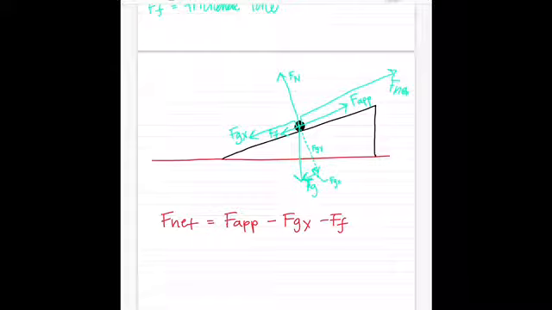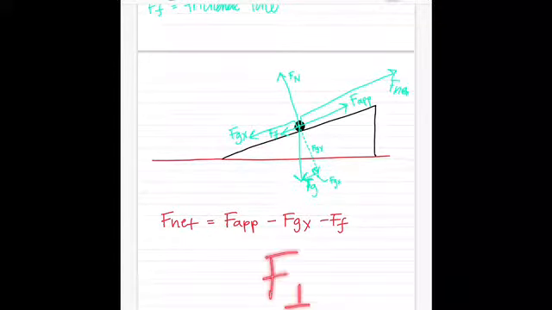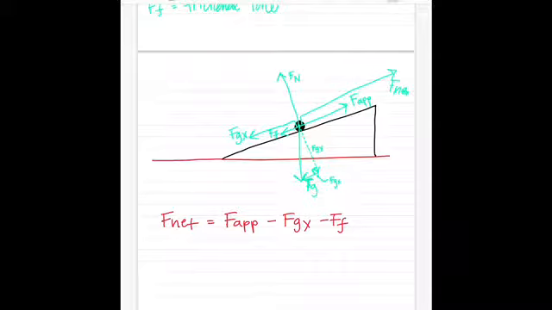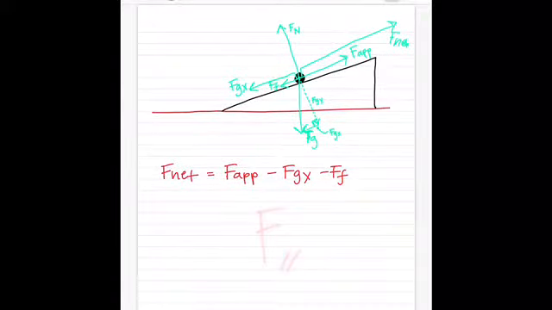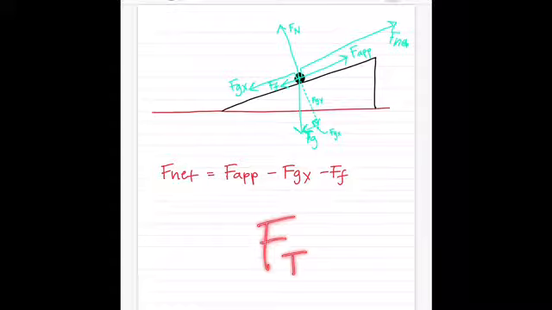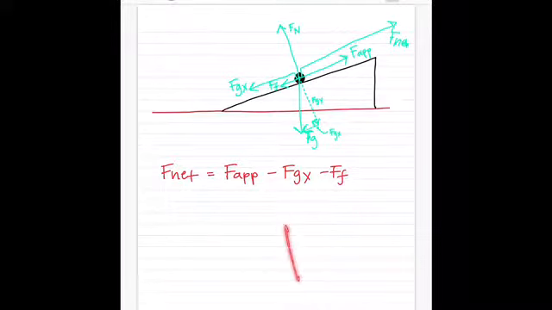Now, I am going to warn you though that sometimes they don't list things as FG and FN. You may see it listed like this, or you may see it listed like this. Okay, this is perpendicular. This is perpendicular. This is not P. This is parallel.